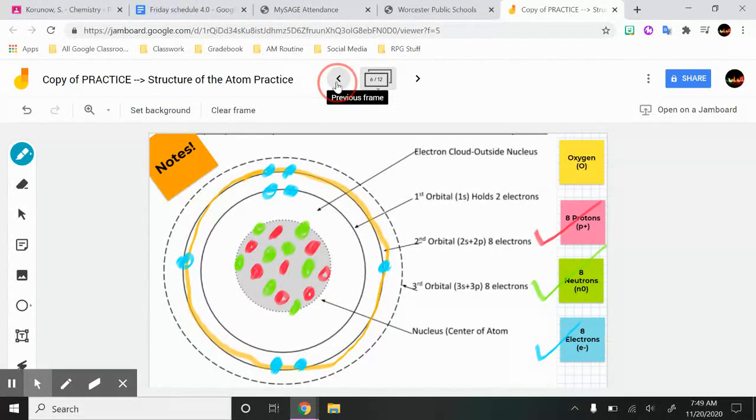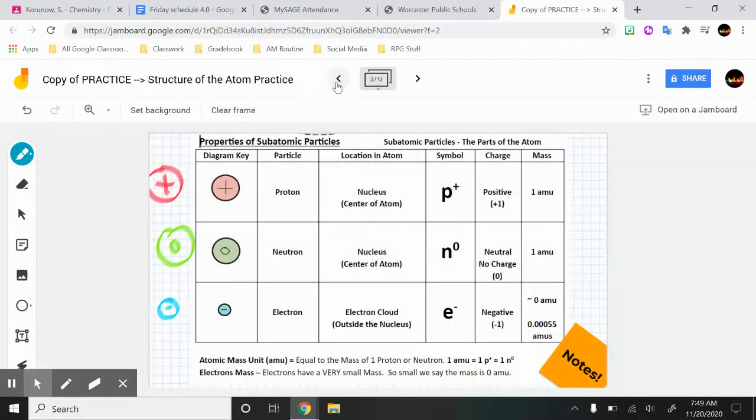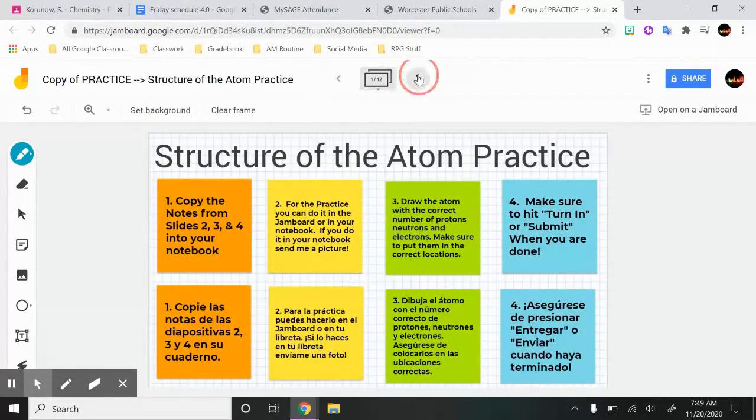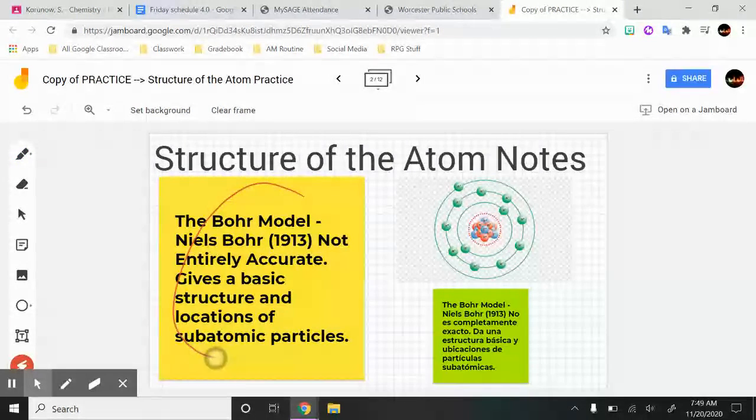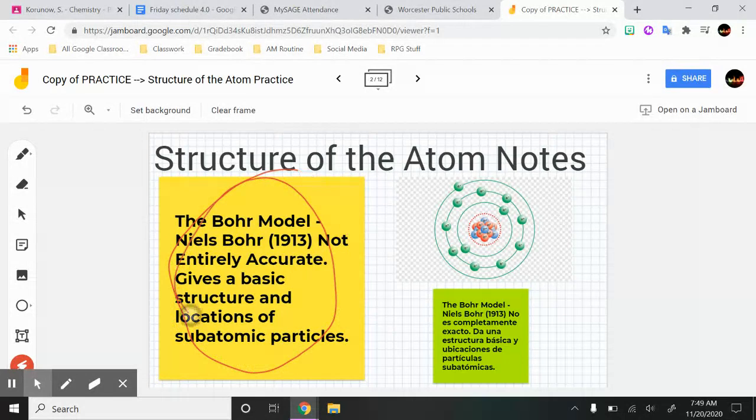Okay. Let me just go over some of the notes from the start of the slide at the end of this video, just in case you missed them. So we are using the Bohr model of the atom. It is not the most accurate, but it's a good place to start for first-year chemistry students. So it's basic, and it helps you learn the parts and locations in the atom.